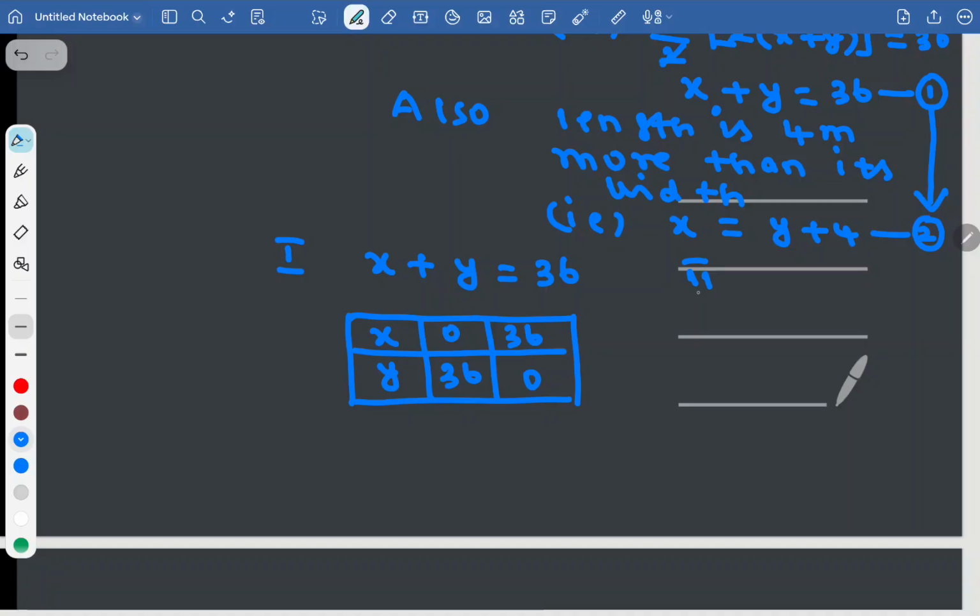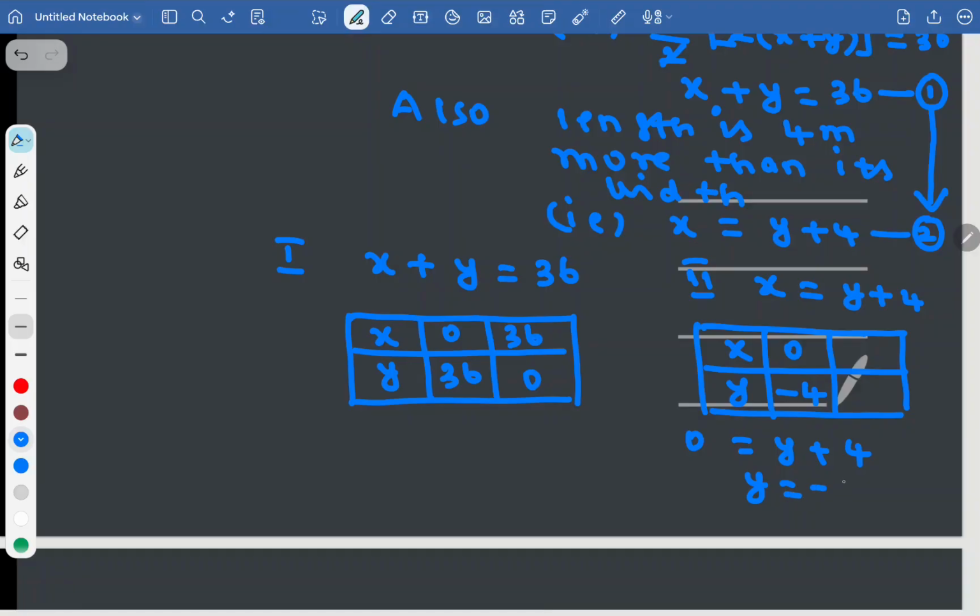From the second equation, x equal to y plus 4, find the points (x, y). When x is 0, y is minus 4. When y is 0, x is 4. I am going to plot the points with the help of the graphical method and find the solution for the problem.